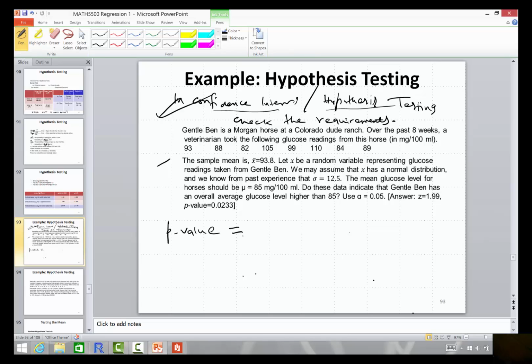Remember, the p-value is the probability. Always, the p-value is the probability. The test statistic will be either G or T. In our case, G. The p-value is the probability that the test statistic could be as extreme or more extreme than the observed value of the statistic.